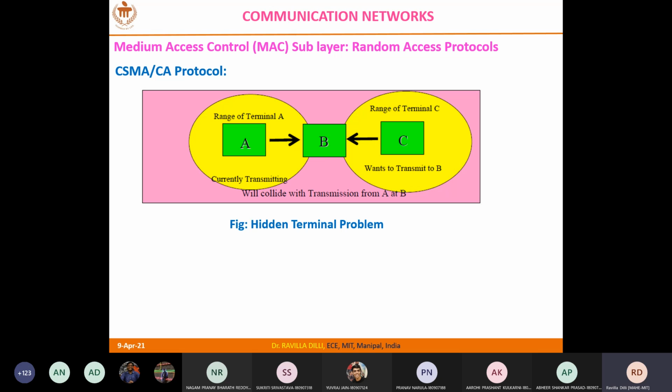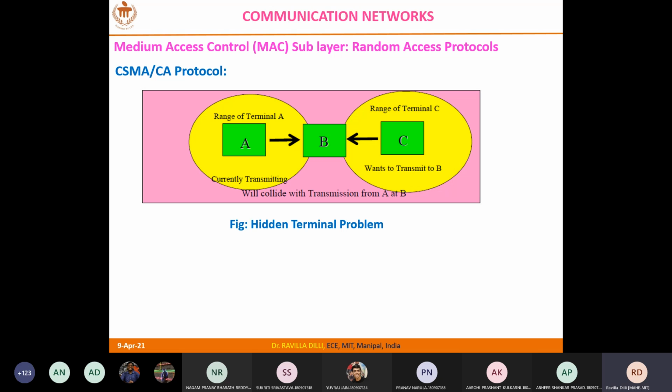We can avoid this by exchanging RTS and CTS packets. As I explained, I can avoid collisions here. Let's say A has data to transmit; it will send the request to send first. The same thing happens at C also. C also sends RTS. RTS is a very, very small packet compared to your data frame.